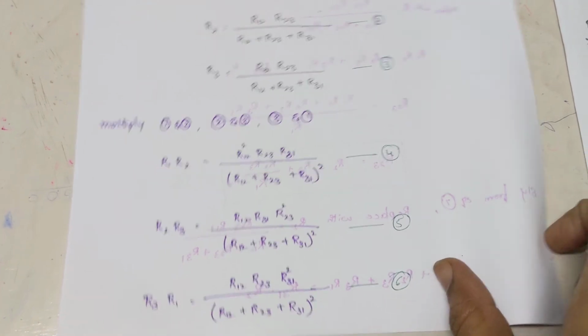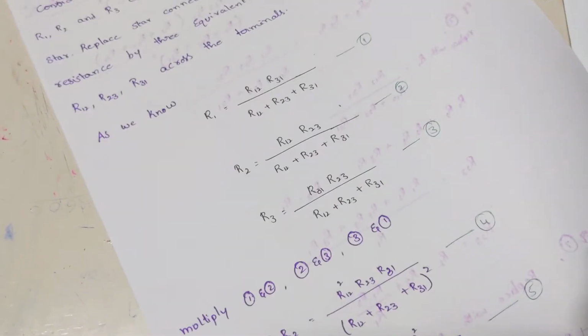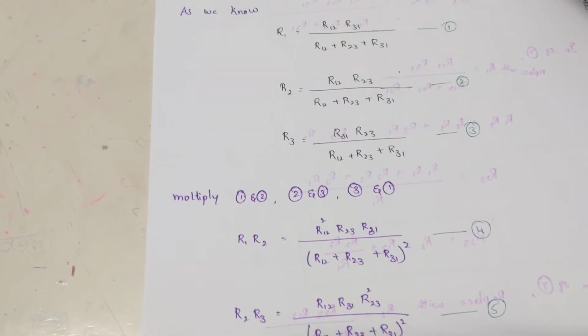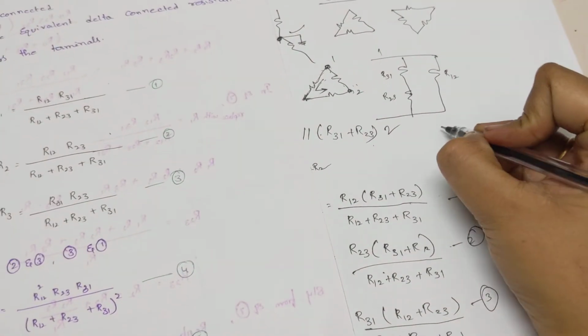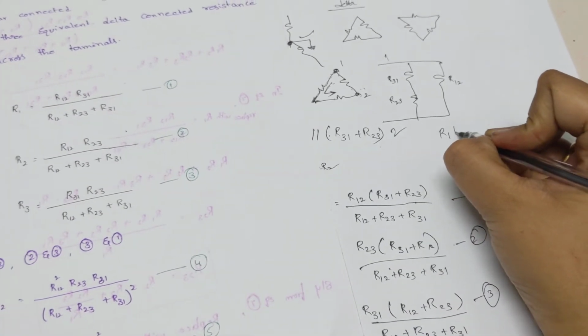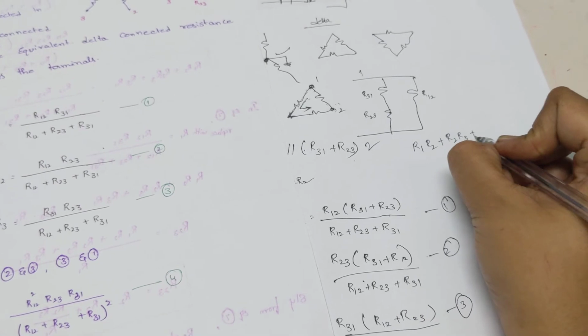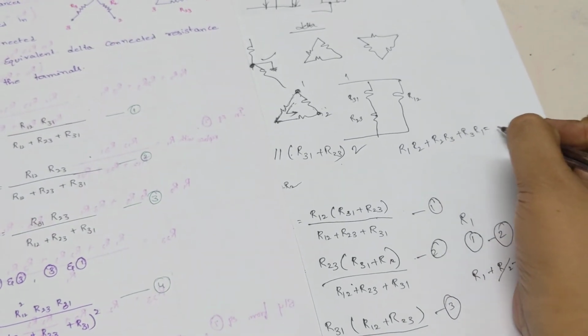Once you multiply these values and sum up, that means R1 R2 added with R2 R3 and R3 R1, now I get all the equations.